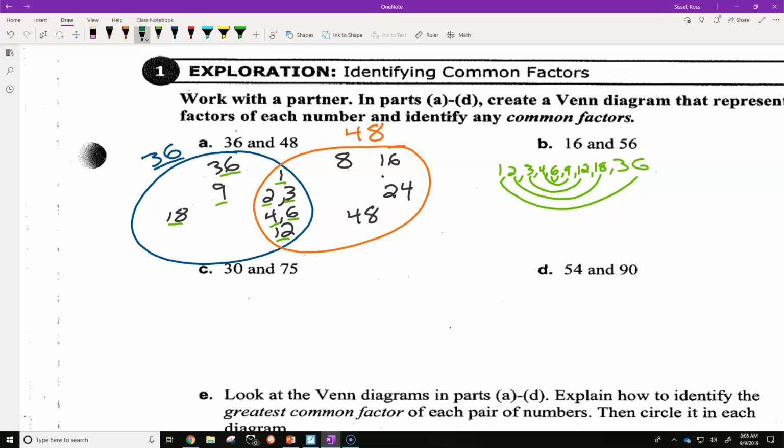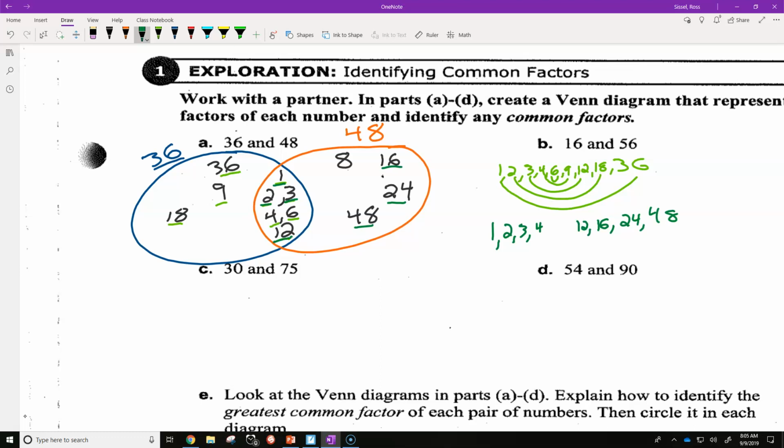All right, let's check all the factors of 48. 1 times 48. 2 times 24. So I could write these out. 1, 48. 2 went to 24. 3 matches up with 16. Now that one would have been kind of hard. You might have used the calculator if you didn't know your facts. 4 matched up with 12.